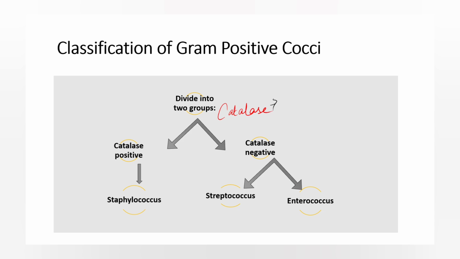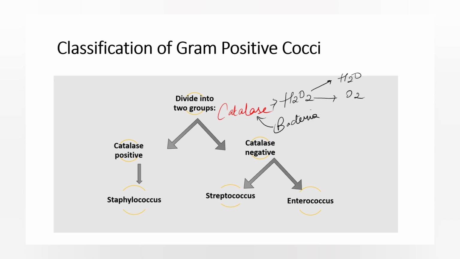Catalase is an enzyme produced by bacteria, which breaks down hydrogen peroxide into water and oxygen. Bacteria which survive in such an oxygen-rich environment possess this enzyme catalase, ultimately breaking down hydrogen peroxide into water and oxygen.